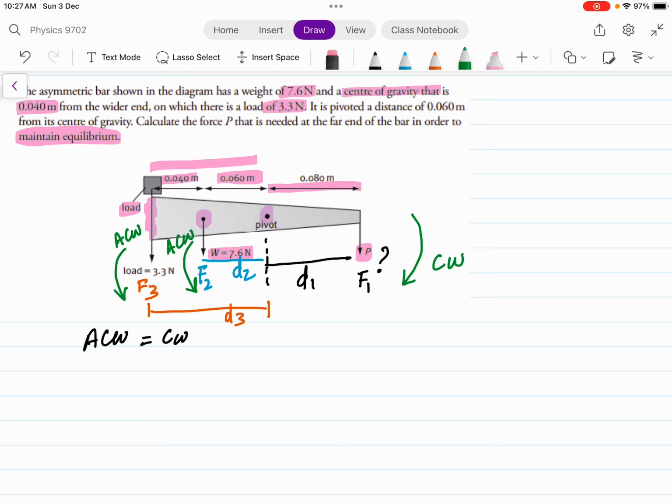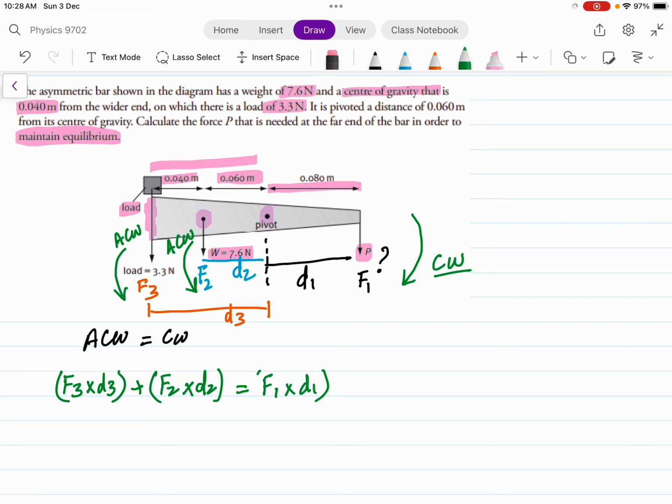So now I know what my clockwise and anti-clockwise moments are. For anti-clockwise moment, it's first F3 into D3 plus F2 into D2, and the clockwise moment is equal to F1 into D1.